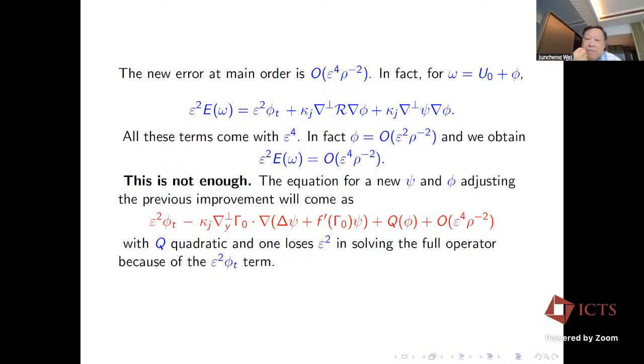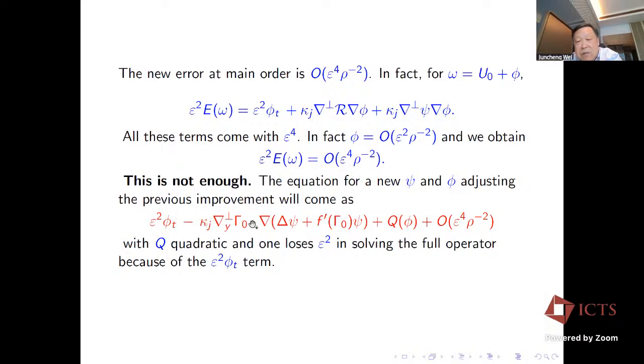And the reason is the following: because of the mode 0, the radial part is the ODE part, and for the ODE part you lose epsilon square. So then, to get a good error and a fast decay, we have to solve this problem. We have to use the ODE part.